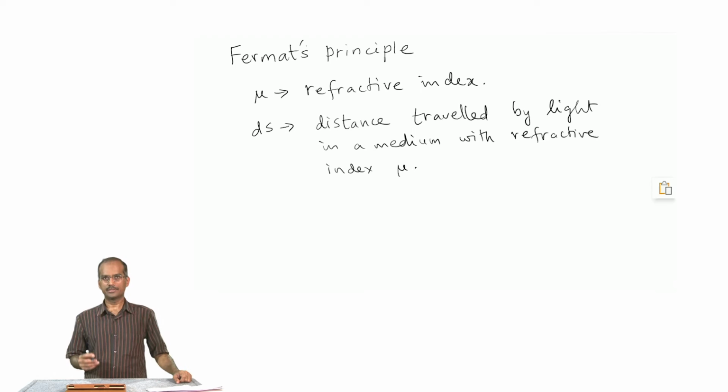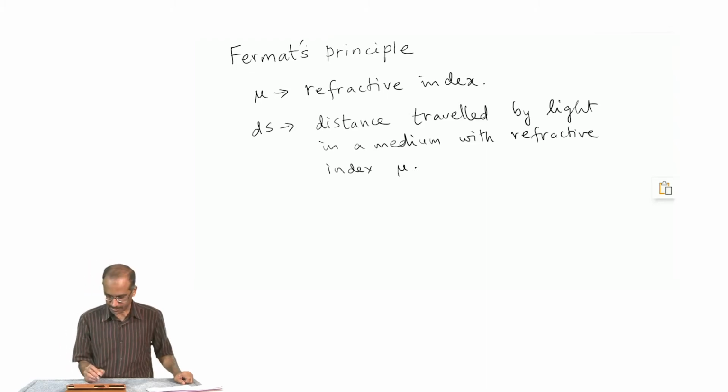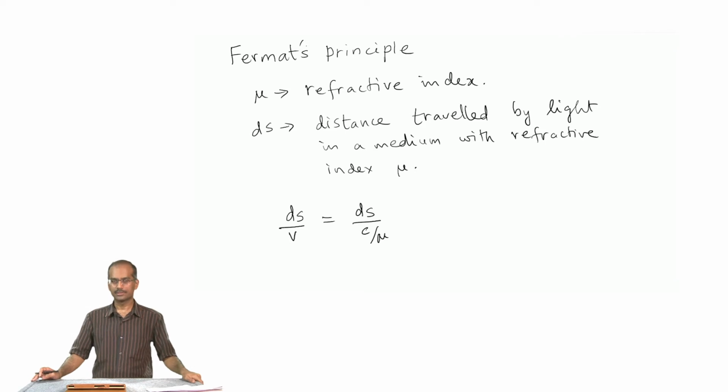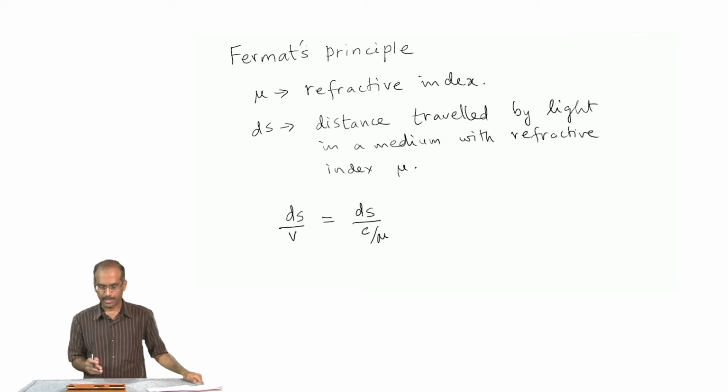If ds is the distance and v is, let us say, the speed of light in the medium with refractive index mu, in that case, I can write the time taken to travel this distance ds as, so I have simply used the definition of refractive index to rewrite the velocity of light in the medium that is characterized by refractive index mu.